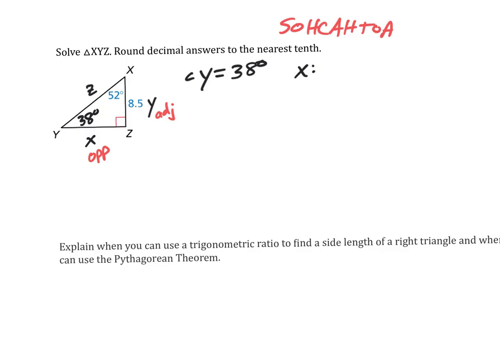TOA, T-O-A. So we're going to write tangent of 52 equals opposite over adjacent. Okay, what does that give us for x? 6.6? Oh wait, big X or little x? Little x.